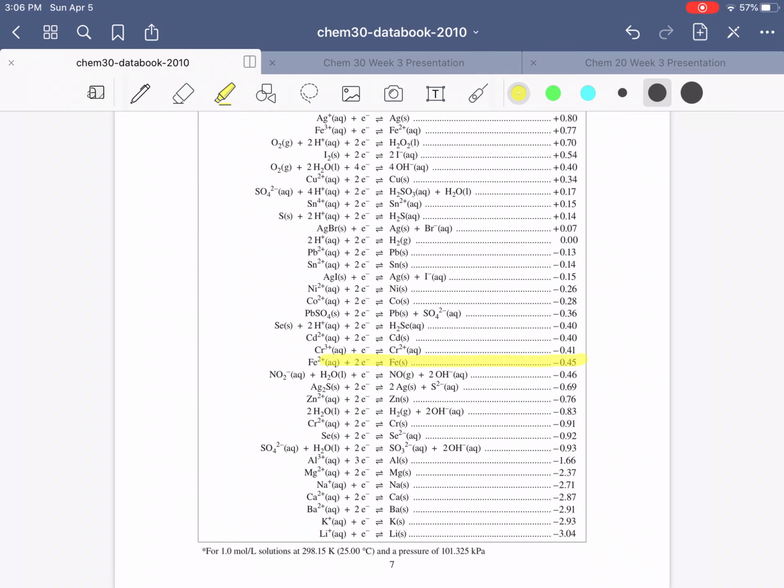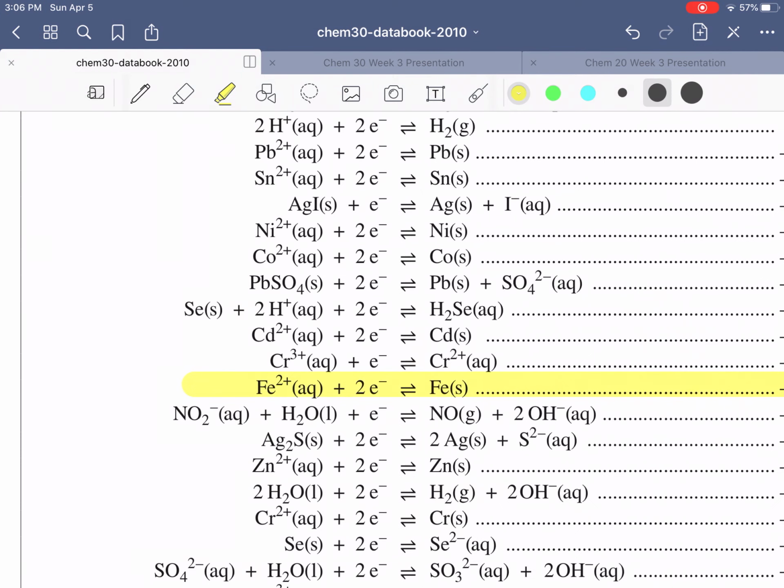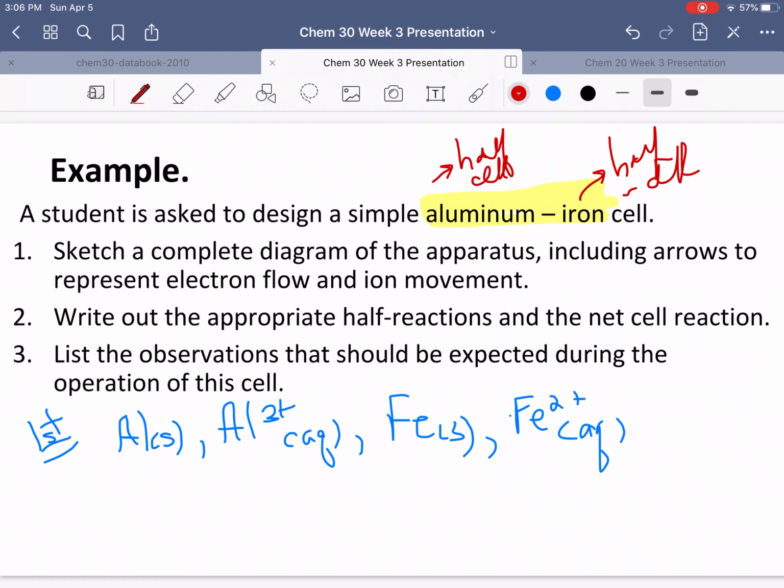So here's iron. And there's your hint. Once you find iron that you know is present because it's mentioned, then you know it has to be in a solution with Fe2+. Okay, so use that as your hint. If one part of the half reaction is present, the other part, the Fe2+, has to be present as well. Okay, so that's listed. The last one, because these are all solution, don't lose sight of, is water is there.